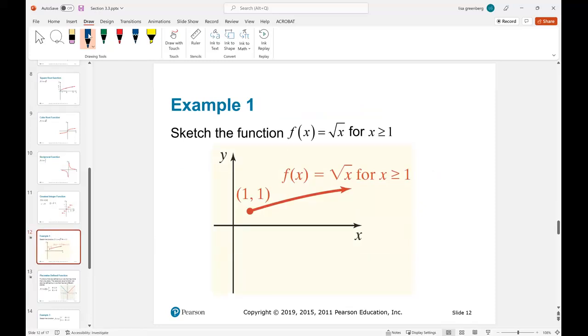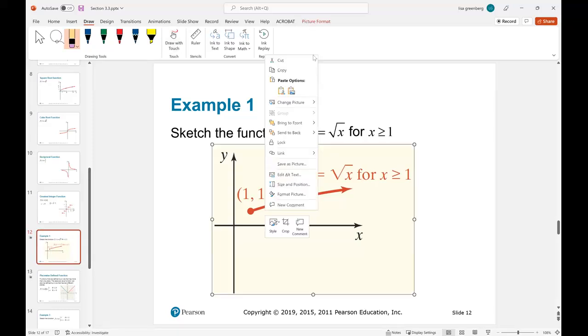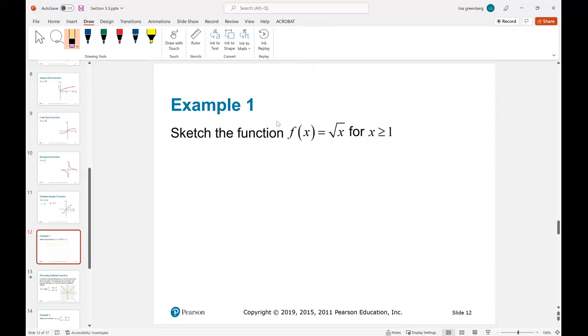So sketch the function for x greater than 1. Actually, let's do it. Oh, there it is. That's what it looks like, but let's do our own.